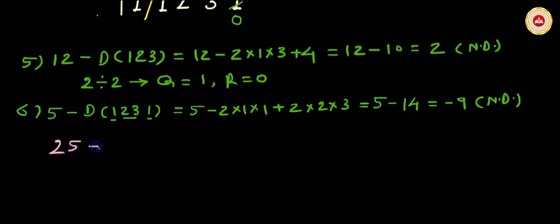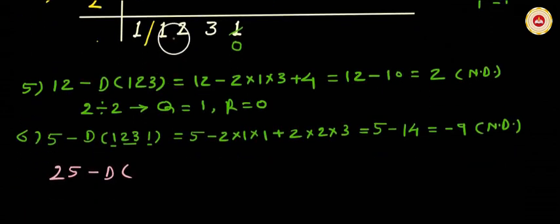25 minus, we are going to calculate the net dividend because the last net dividend was negative. Okay friends, duplex of what? Duplex of these last quotient digits.